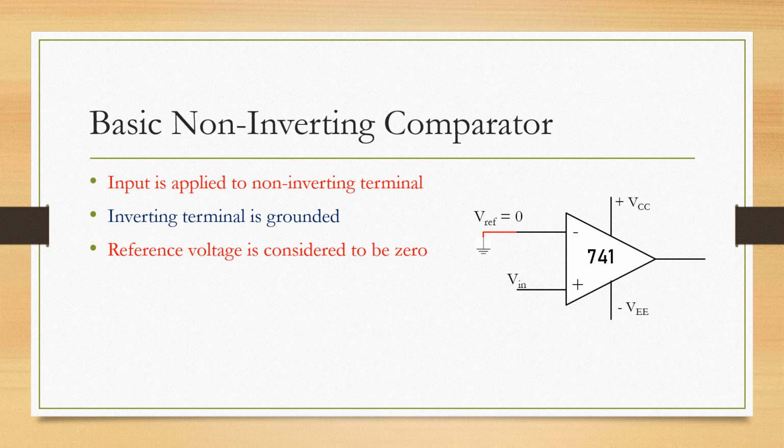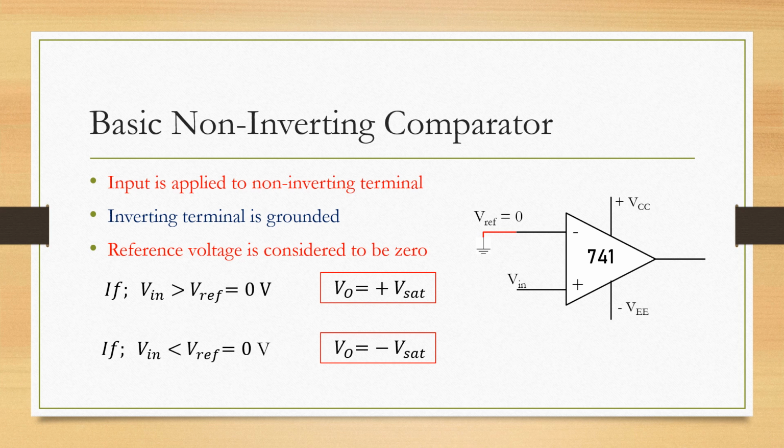In the non-inverting comparator, when Vin is greater than Vref, that is greater than 0, the output is +Vsat. And if Vin is lesser than Vref, that is 0, then the output voltage is -Vsat.